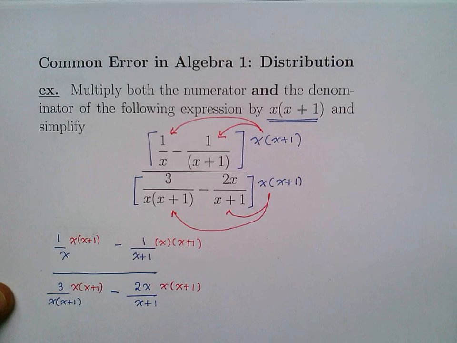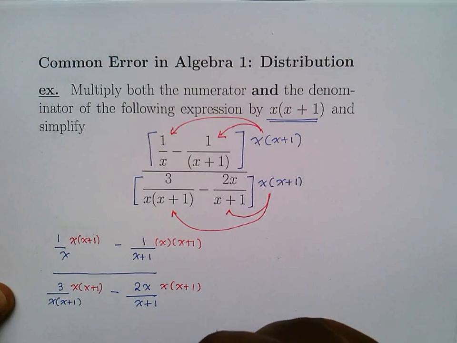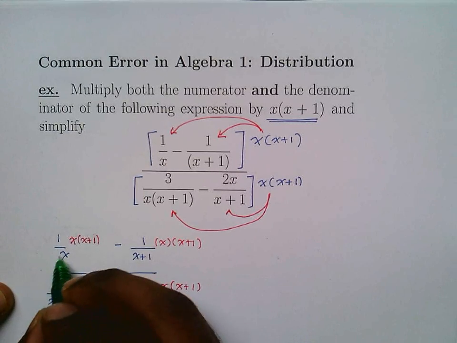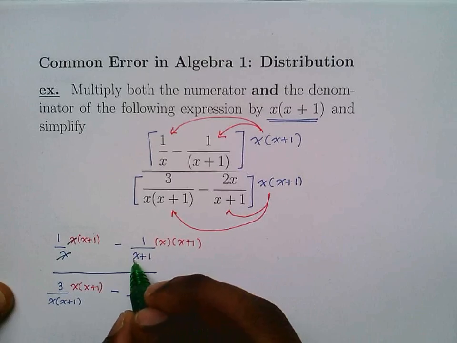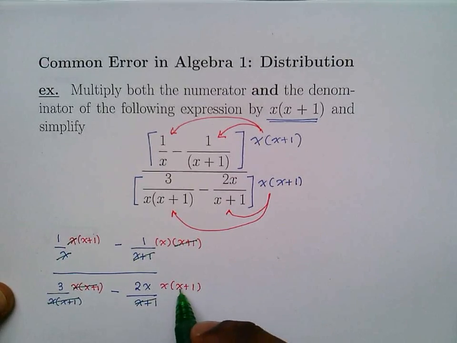Okay, now you can cancel it. So this is the step where you can cancel stuff, not the previous step. Do not cancel things like that. I'm going to show you how that can go wrong. Now this cancels off, this cancels off, and so on. So now you get a nice fraction.